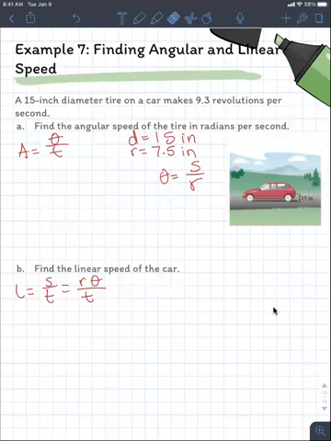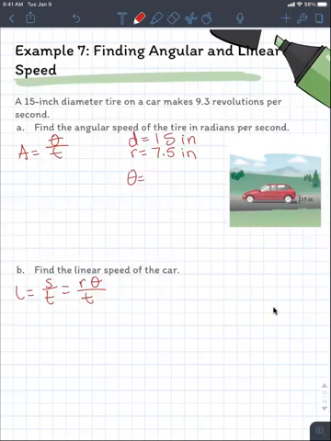So we're actually going to say that our theta in this case is going to be, or not theta, sorry, our S in this case. Wait, no, it is our theta. I'm confusing myself. Is 9.3 times the entire circle, which is 2 pi. And if we multiply those together, we get 18.6 pi.